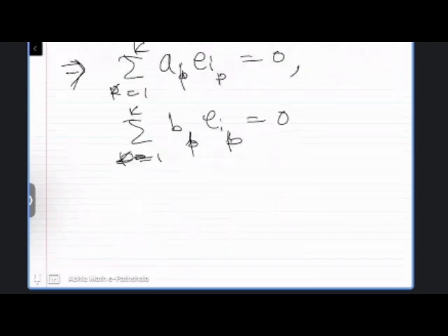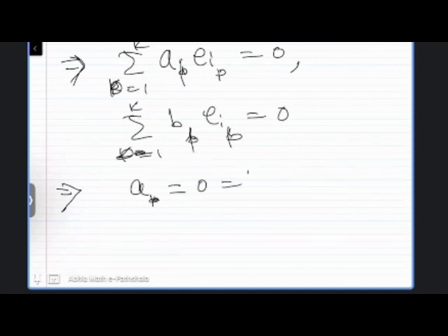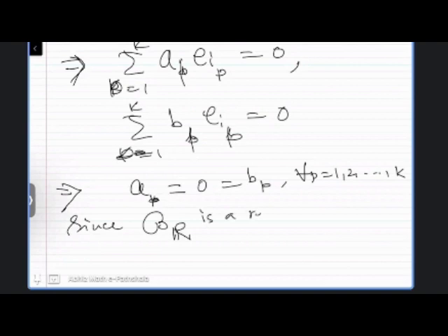Now see, these e_ip are members of curly BR, which has already been considered to be a basis of V. And this implies all these scalars a_p are 0, b_p are 0 for all p runs over 1 to k, since it is a real basis in V. Okay.